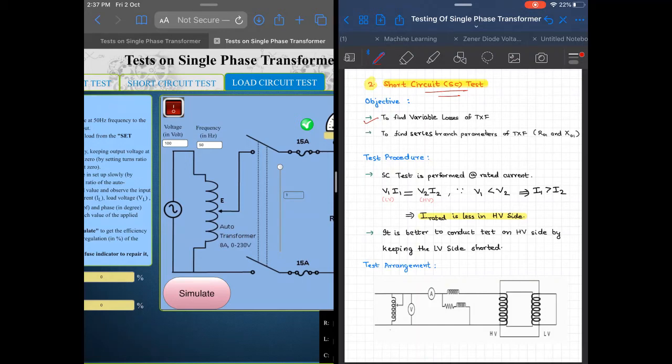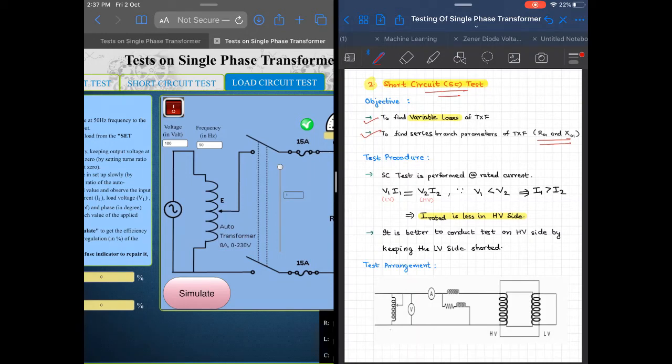But in the case of the short circuit test, we will determine variable losses. Then we need to find the series parameters, that is R01 and X01. These two objectives will be covered in the short circuit test.